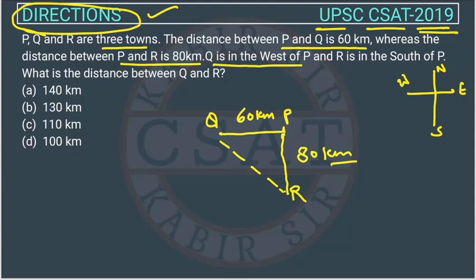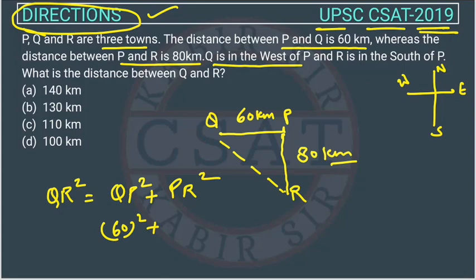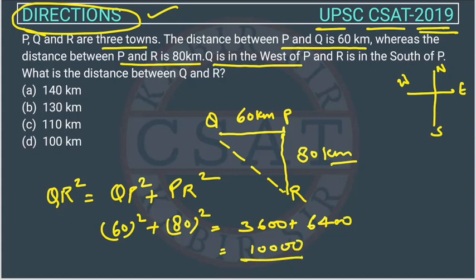So we will use the Pythagoras theorem, right? So the Pythagoras theorem tells that QR square will be equal to QP square plus PR square. So QP is 60 square plus 80 square, right? So this will become 3600 plus 6400, and this will be equal to 10,000, right?